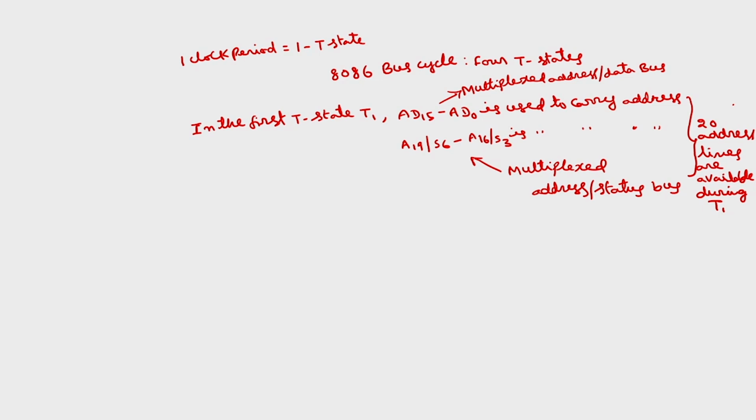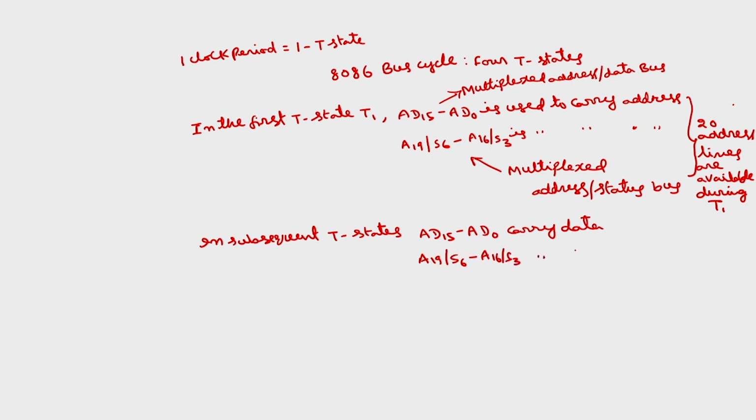So in subsequent T states, AD15 to AD0 carry data, and A19/S6 to A16/S3 carry status signals, because here we require the status signals and data bus for transferring the data. Only in the first T state do we require the address bus.